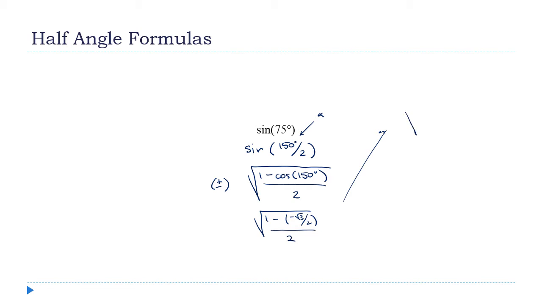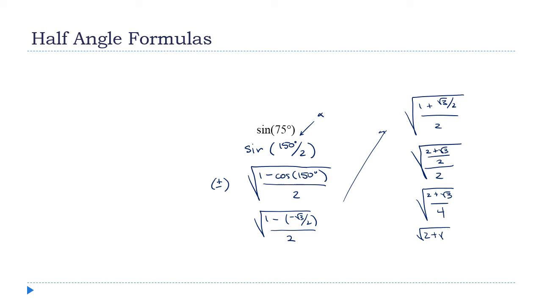This is the square root of 1 plus the square root of 3 over 2, all over 2, which is, let's do a common denominator, the square root of 2 plus the square root of 3 over 2, all over 2. And that is the square root of 2 plus the square root of 3 over 4. And that square root of 4 in the denominator, I can simplify. This is the square root of 2 plus the square root of 3, all over 2.